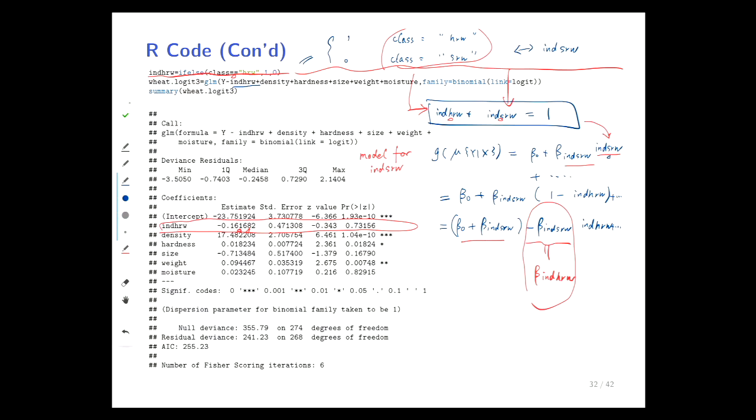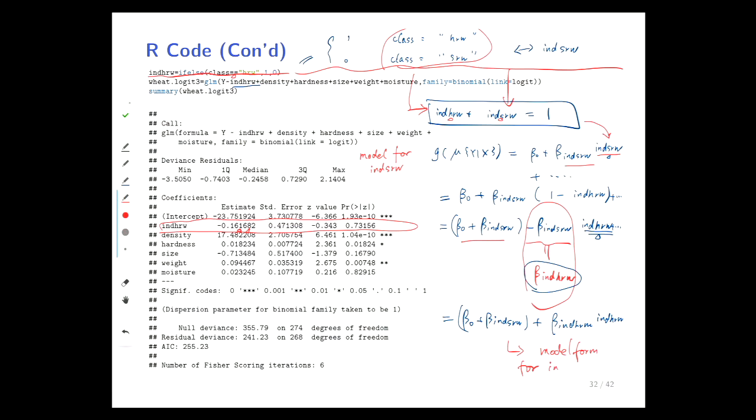We have a new indicator variable, which is HRW. Correspondingly, we call the coefficient of this variable the coefficient of HRW. You can consider this as the model for HRW: beta 0 plus beta IND SRW plus beta IND HRW times IND HRW. So this is the model form for IND HRW.